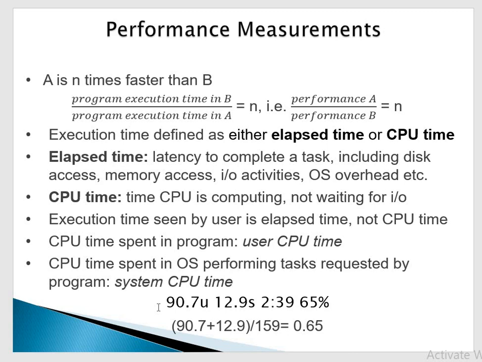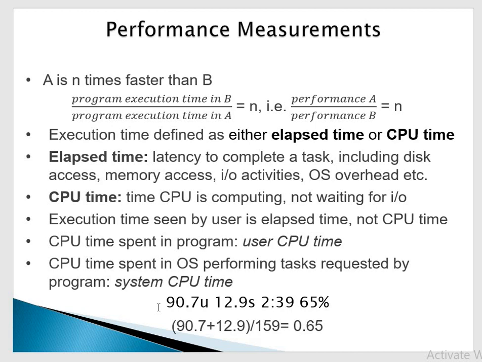Now, a computer architect is interested in how much time is taken by the CPU, how much time is taken by the operating system, and how much time was consumed by the input-output devices to respond or to provide the required data to the CPU.